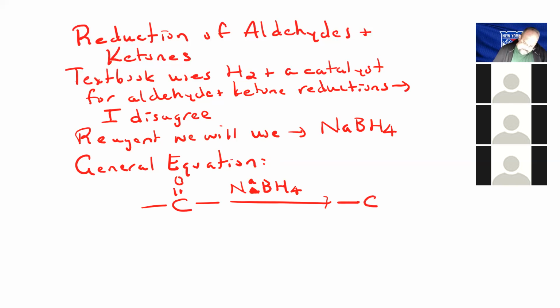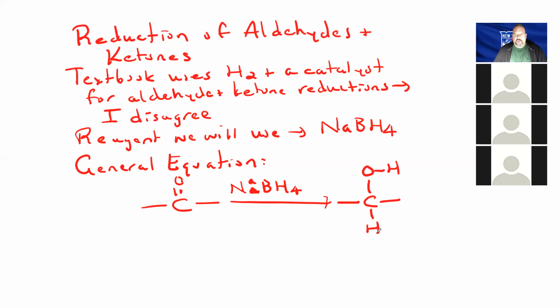The double bond between the carbon and the oxygen becomes a single bond. And then you're going to add two hydrogens, one to the oxygen and the other to the oxygen-bearing carbon. And that's it.